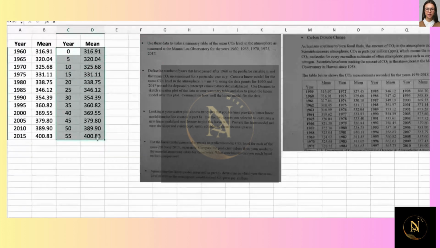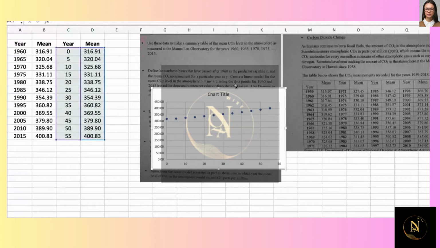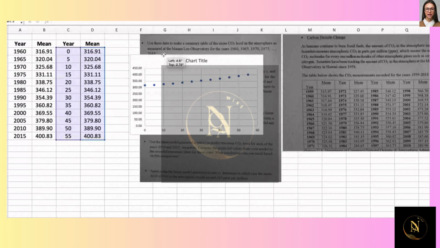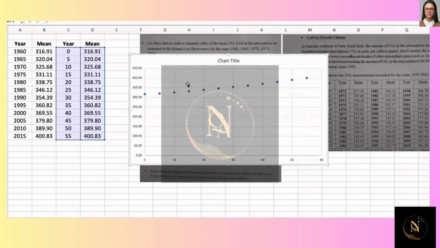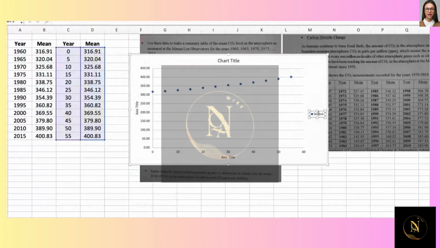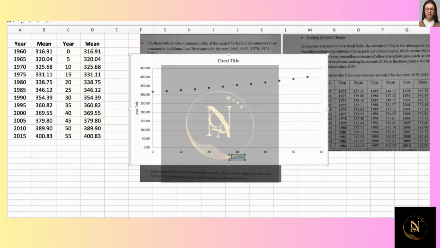I'm going to highlight this information and insert a scatter plot, using the decimals, and then insert the axis titles. So this here is the years since 1960, and the axis title here is the mean.